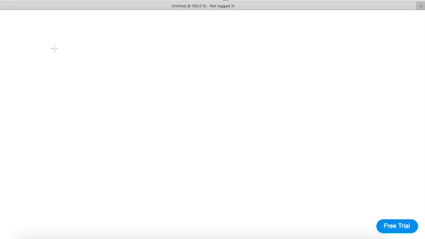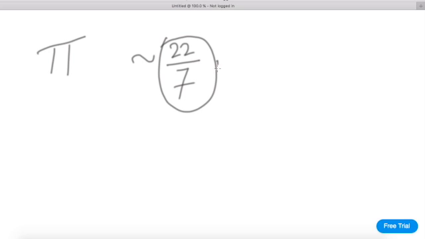We all know that there is a concept of pi in physics, which is approximated to 22 by 7. Now, would 22 by 7 be a rational number? The answer is yes. But would pi be a rational number? The answer is no. The reason?